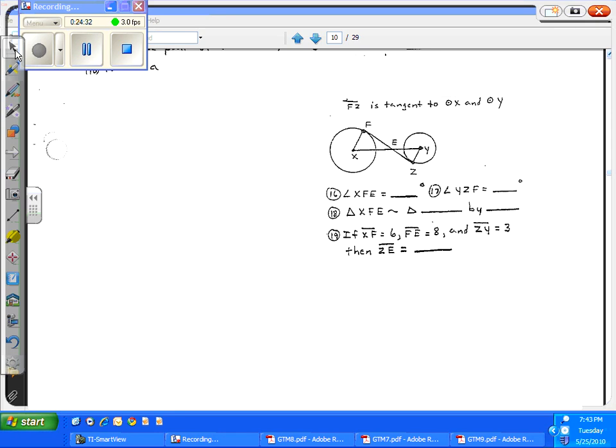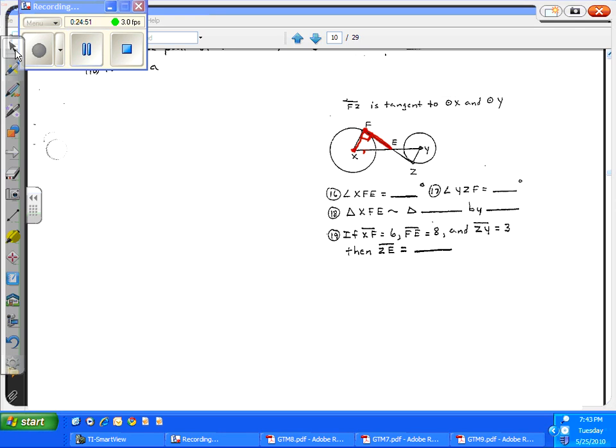So what we have is X drawn to F. That's a radius drawn to a point of tangency, so it's perpendicular. So that's a right angle.